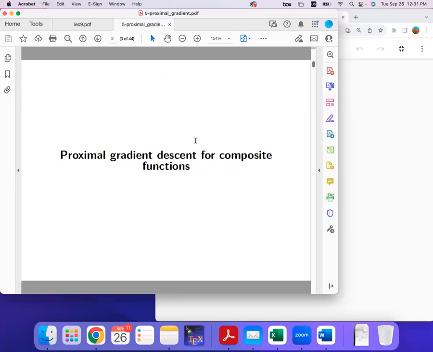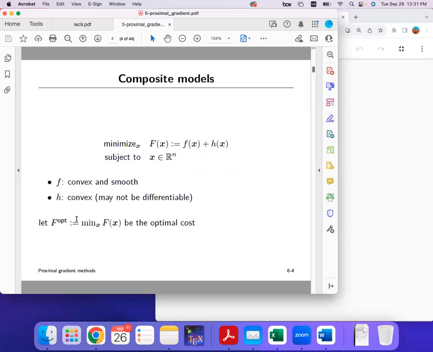So we will first talk about this so-called composite function or composite optimization problem. The formulation is simply a generalization of the previous one. The objective function now involves two terms. f(x) is what we talked about in the previous lectures.